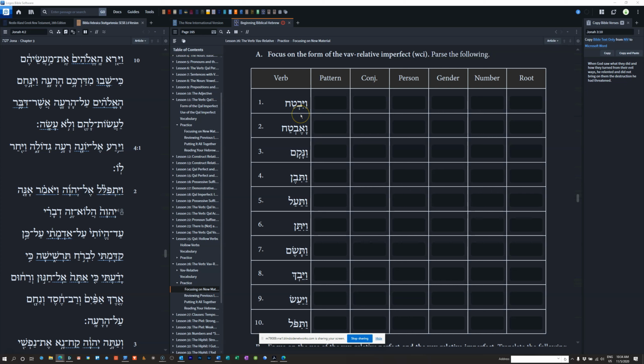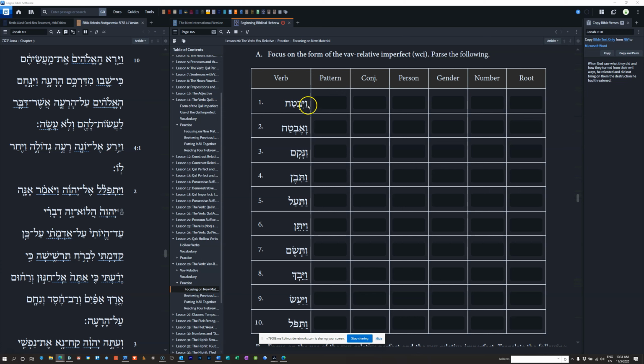Number one here, we can obviously see the Vav patak dagesh. I've mentioned before that the Vav relative kind of looks formally, spelling-wise, a lot like the definite article on a noun or an adjective or a participle. The Vav relative has a similar pattern on a verb.